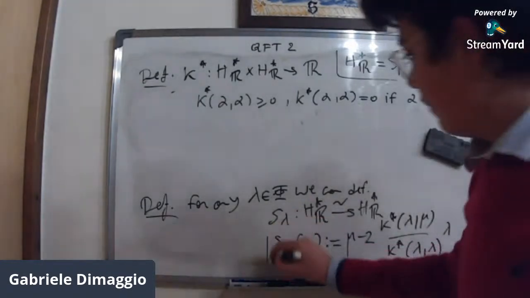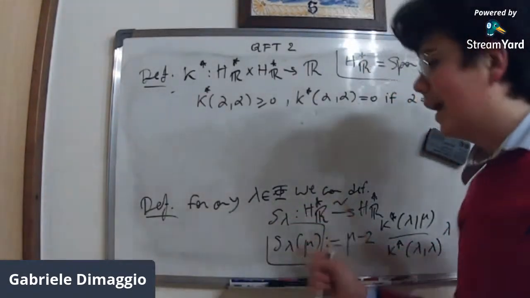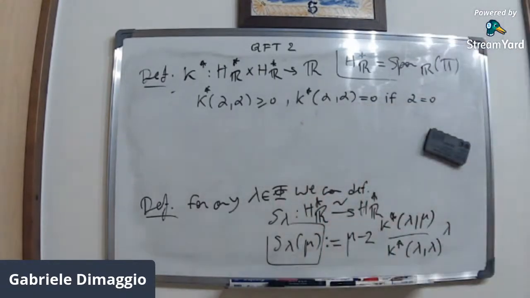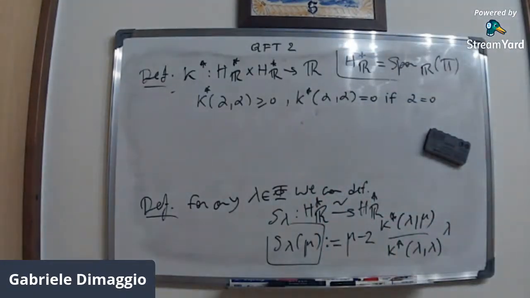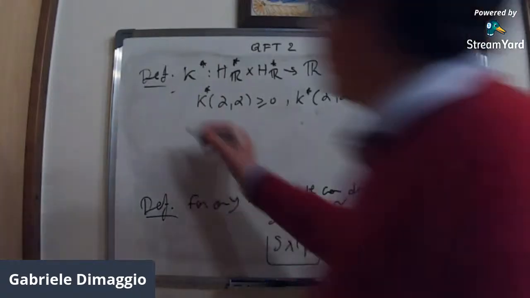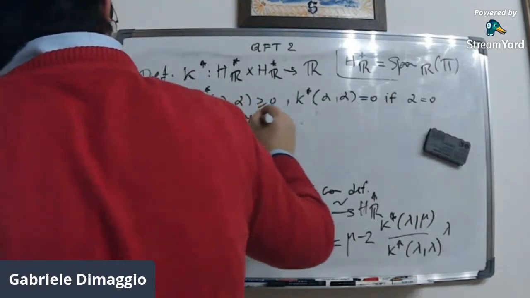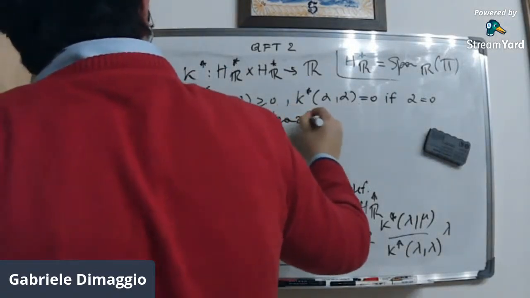Why did I talk about this? Because S lambda is a particular and important transformation. In fact, S lambda is called a Weyl transformation.